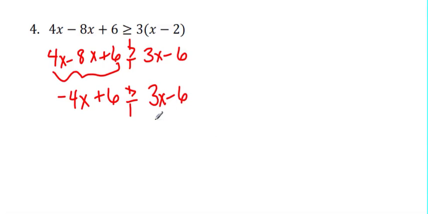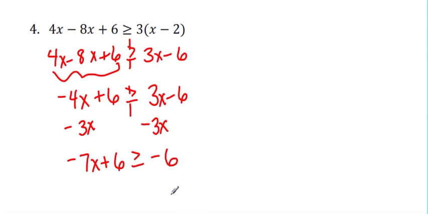Now I need to get x's to one side, so I'm going to subtract 3x. So this would be negative 7x plus 6 is greater than or equal to negative 6. Now to start getting the x by itself, I would subtract 6. So that would be negative 7x is greater than or equal to negative 12.